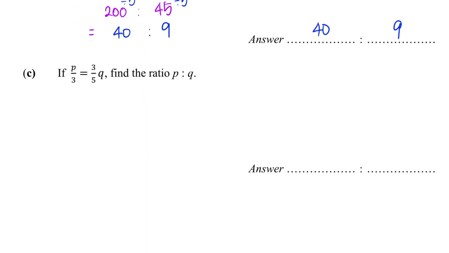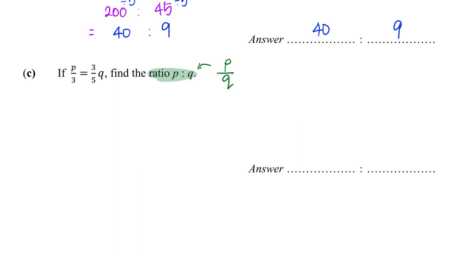As for the last part, we are given this equation and yet they ask us to find the ratio. Don't worry, do remember that there is a special relationship between a ratio form and a fraction form.